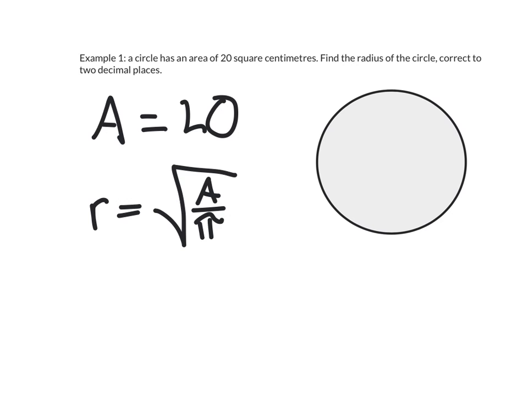So all we need to do to find our radius here is substitute in our value for the area. So we know that the area is 20 square centimeters. So we just replace our A in the equation with a 20. So we're going to show that that's the square root of 20 divided by pi.